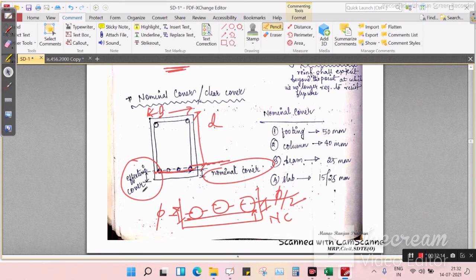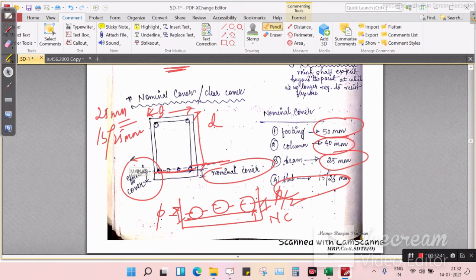For nominal cover, for beam it is 25, for column it is 40, for footing it is 50, and for slab it is 15 or 25 mm. For beam this is 25 mm.